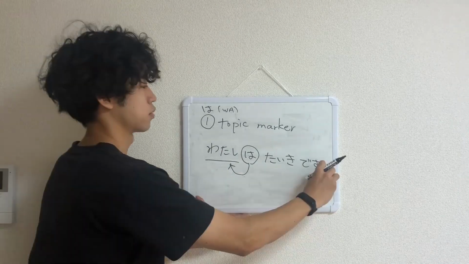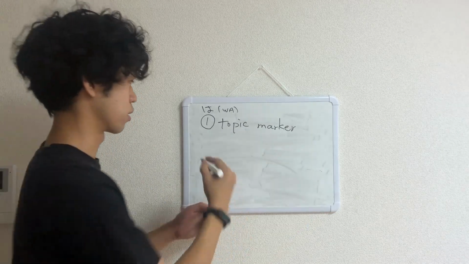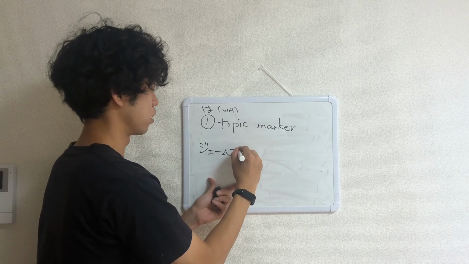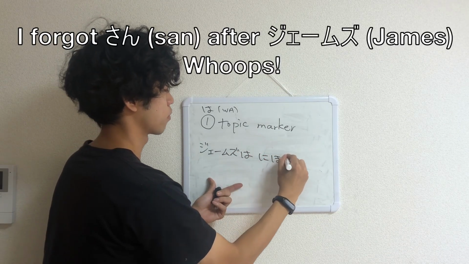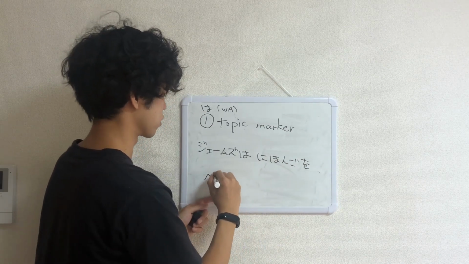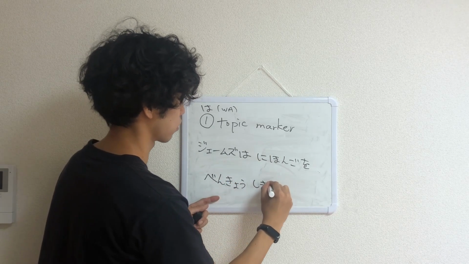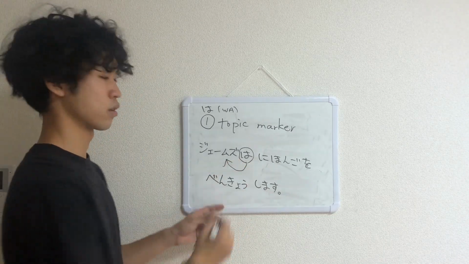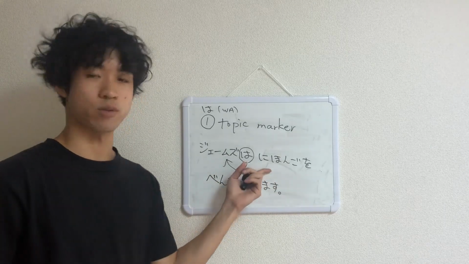Am, are. Let's look at the other one. James さん。ジェームズさんは日本語を勉強します。Right? 勉強します。So, again, as for James, he studies Japanese language.